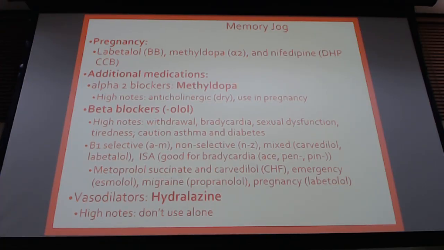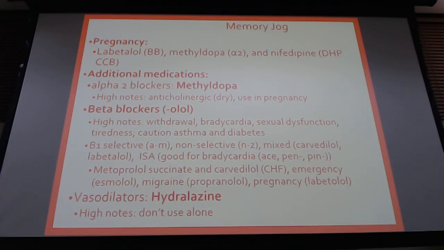Beta-1 selective, non-selective, mixed, we talked about those, right? And then your ISAs, those are the ones that are good for your patients who experience a lot of bradycardia because they have that intrinsic sympathomimetic effect. Remember sympathomimetic is our sympathetic nervous system, right? Fight or flight.